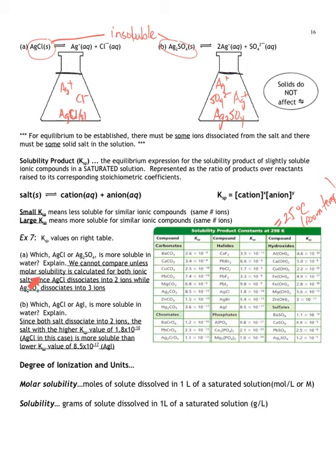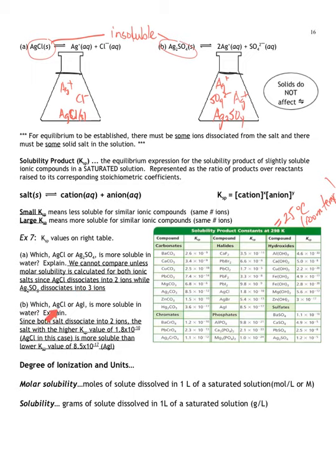So we can't compare directly from the Ksp values unless we actually go into the molar solubility calculation for both ionic salts. In other words, we set up an ICE table and do a molar solubility calculation to see who is more soluble. That will be later on when we start doing calculations.